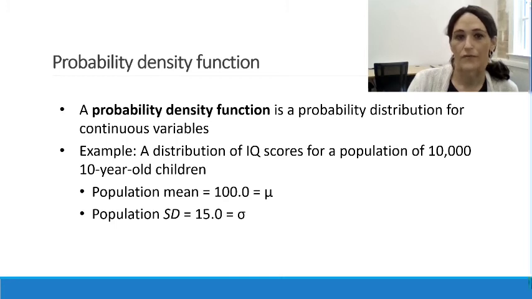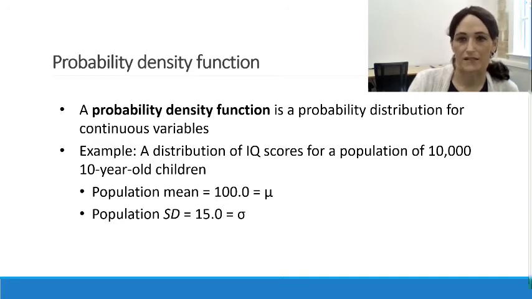So for example, a distribution of IQ scores for a population of 10,000 10-year-old children. Let's say we have access to IQ information on 10,000 10-year-old children. We know that the population mean is 100 and the standard deviation is 15.